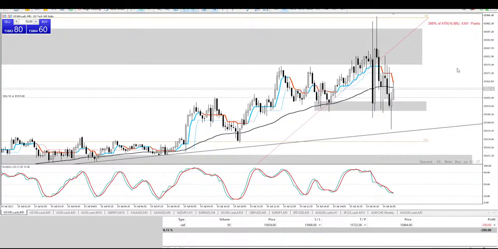So I don't think I'll add more to this trade, if it does go our way, that is.